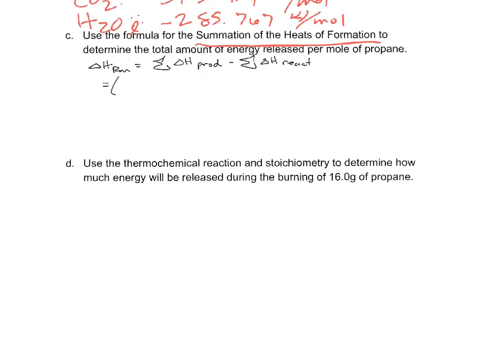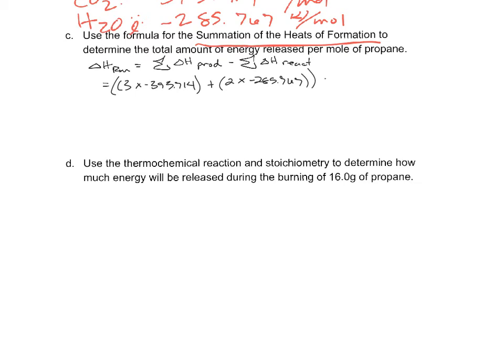So we have to take 3 times the carbon dioxide, which was negative 393.714. And then we have to add the other enthalpies for the products. There are 4 molecules of water, and each molecule is negative 285.767.